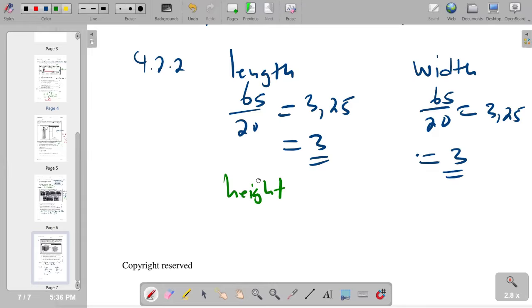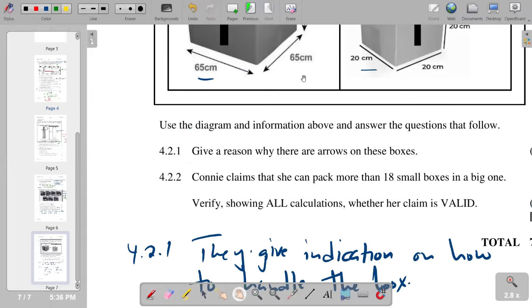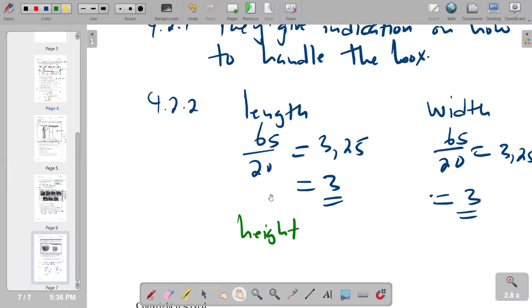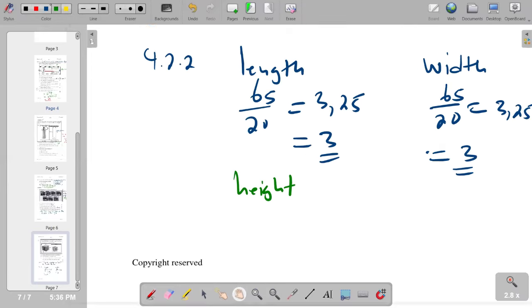So on height dimensions, we see that we've got 55 centimeters against 20 centimeters. So 55 against 20. So we divide, we're going to get your answer as 2.75, which again is going to be rounded down to become 2.